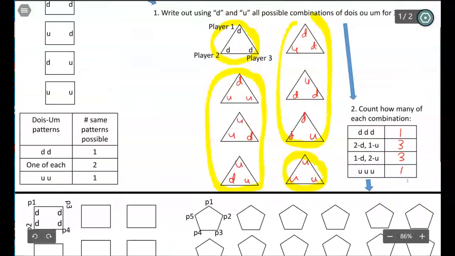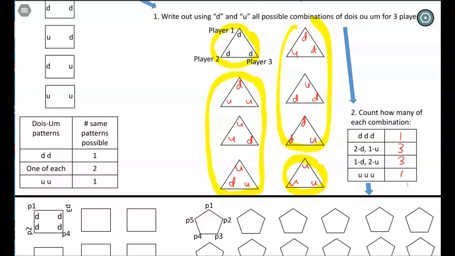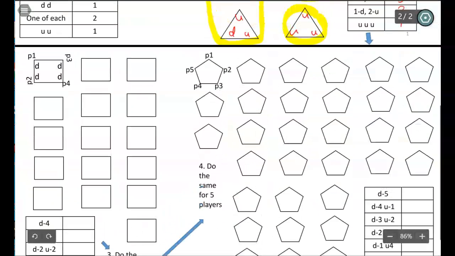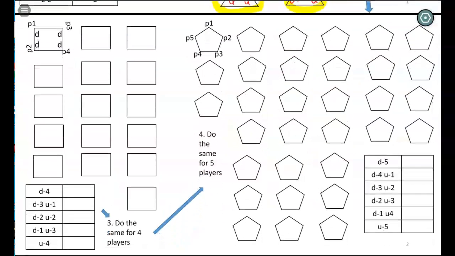Remember that at the end, we're going to count up how many different ways there were to get 1 dois and 3 ums, etc. If you organize them and put them all together, it makes it easier at the end to not repeat the same pattern or forget a pattern. So I advise you to follow that pattern.